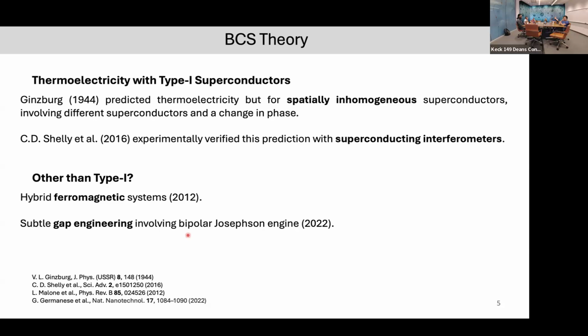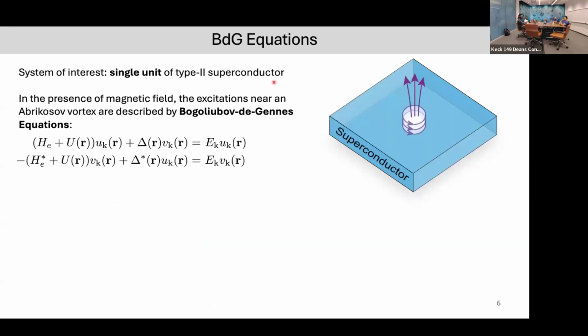But all of these methods involve either complicated arrangement of materials or complicated methods to employ them. But what we do is consider just a single unit of type 2 superconductors. So our system is pretty simple in that sense. And we study the excitations near the vortex, as I mentioned before.